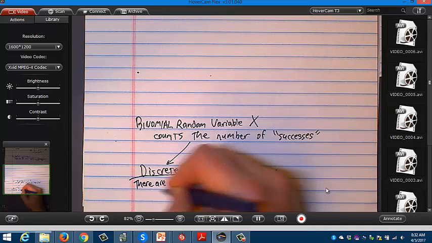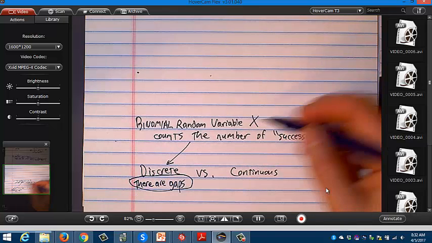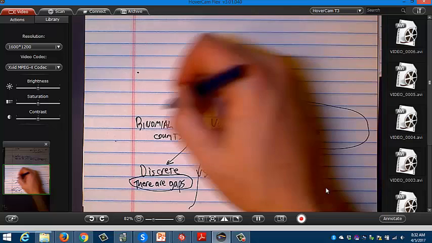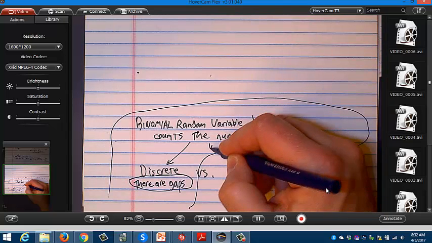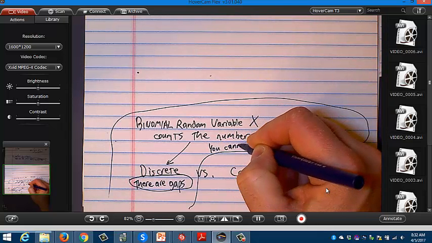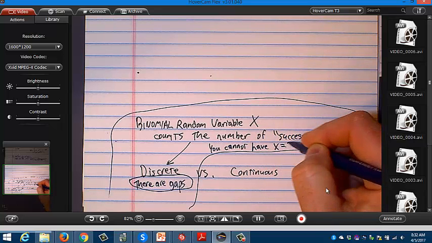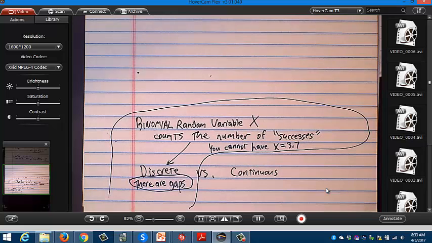What do I mean by gaps? Binomial random variable, you count the number of successes, but you cannot have x equals 3.7, right? You can't have 3.7 successes. You either have 3 or 4. You guys with me on that?